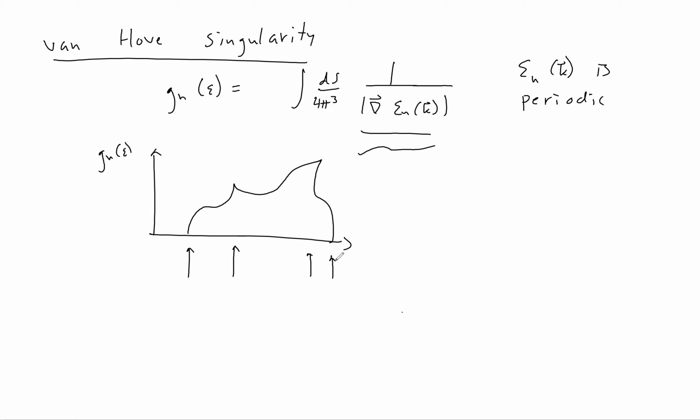We say that these Van Hove singularities happen when one has flat bands, when the energy of a band does not depend on K. And so these are indeed experimentally verified objects, and it's worthwhile to know. This is one of the important features of bands for Bloch electrons.